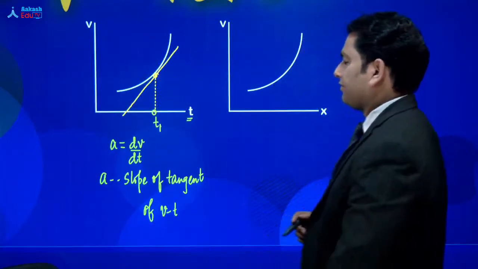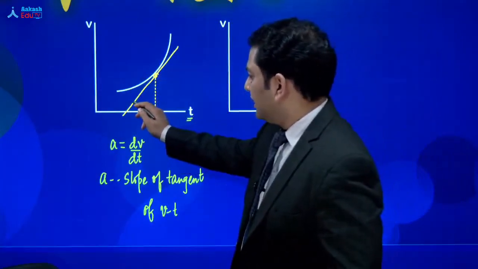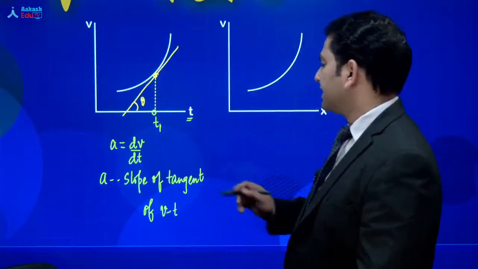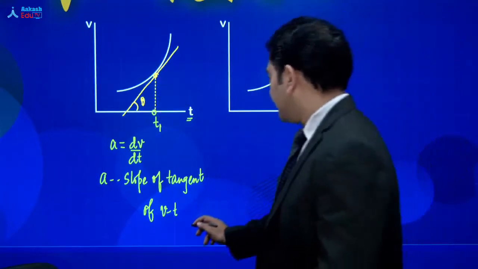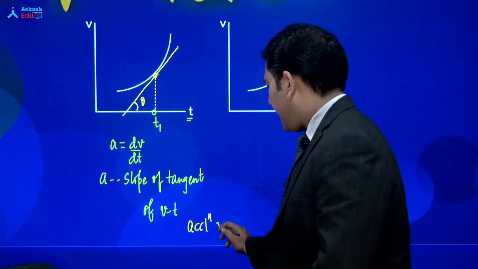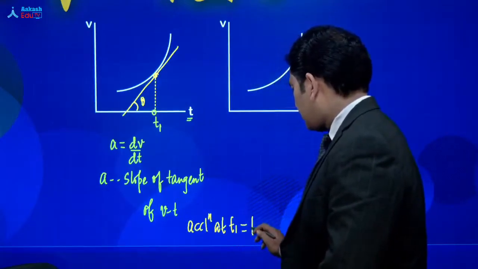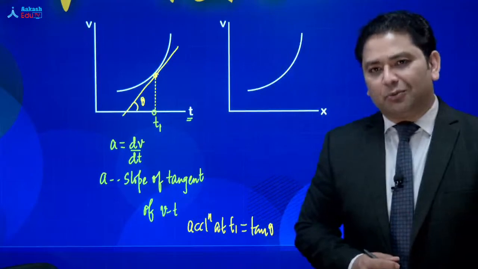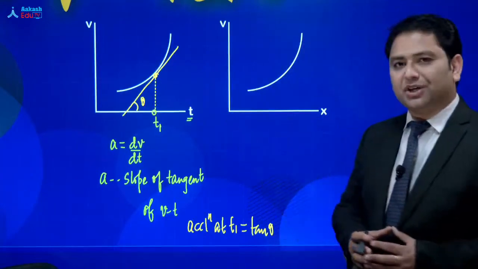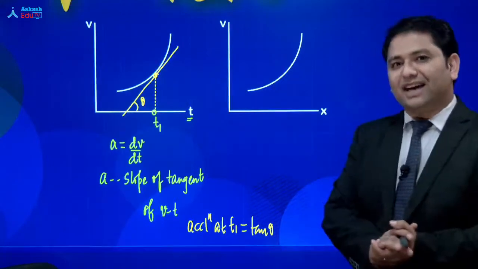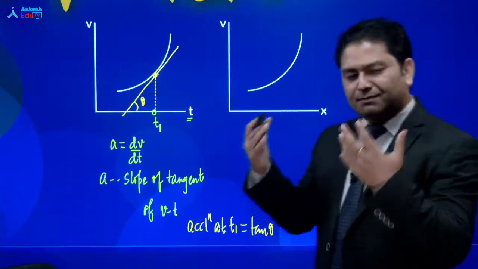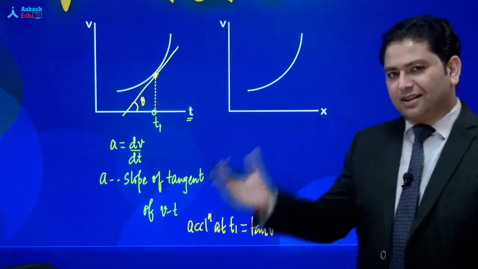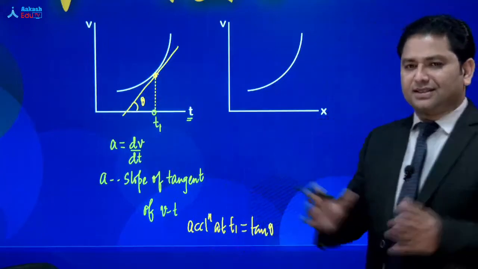At this particular point. और ये line tangent है, if I call this angle as theta, तो slope of tangent यानी इस example पे the acceleration यानी acceleration at t equals to t1 is equals to tan theta. है ना मजेदार बात कि आपके पास एक ग्राफ है and with the help of that graph, a little bit of computation, you could see you get the value of acceleration. आपको बहुत स्पष्ट तरीके से the values would be provided, like someone may say theta is 30 degree, theta is 60 degree, whatever, 45, whatever it's given, you can go with that.